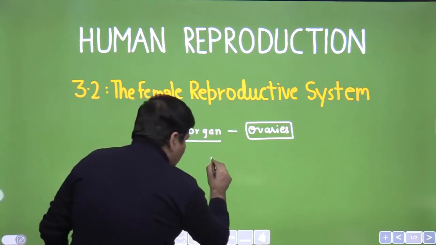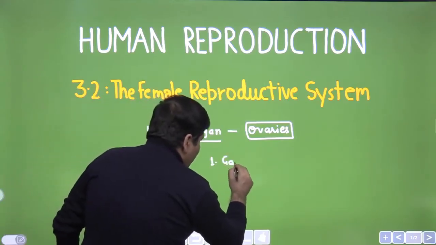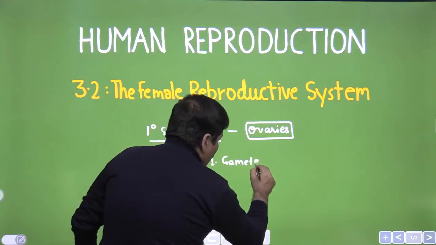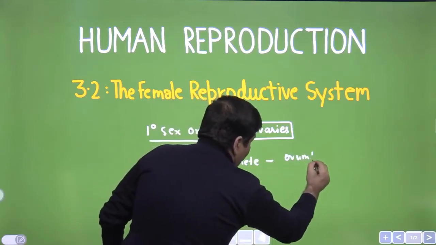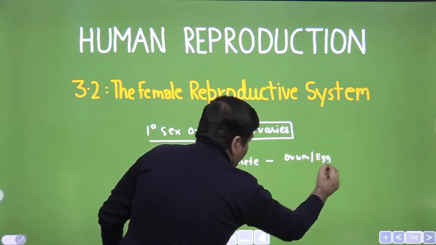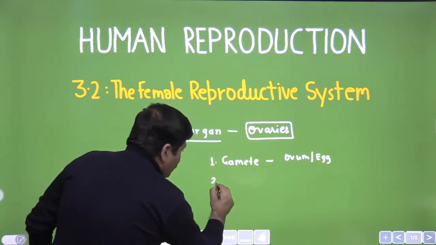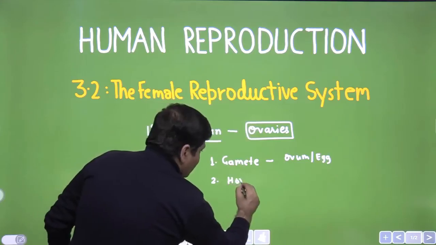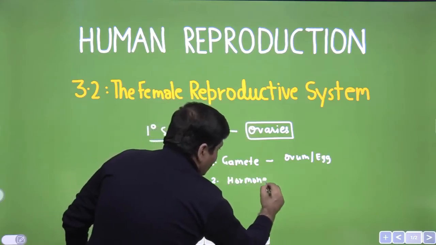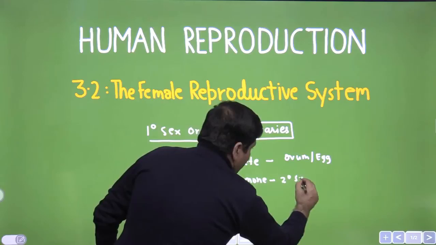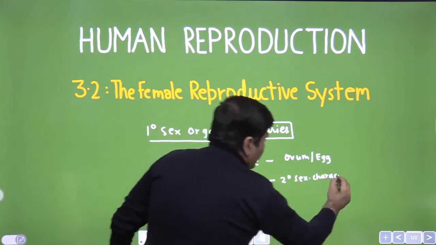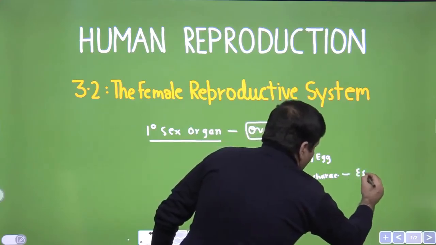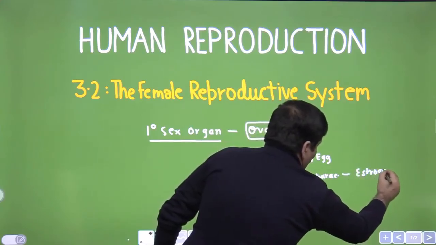Because number one, they produce the gamete for the female sex, and we will call this gamete either an ovum or an egg. And also these organs will produce the hormone that will be responsible for the development of secondary sexual characters at the onset of puberty, and this would be a steroid hormone again, which is called estrogen.